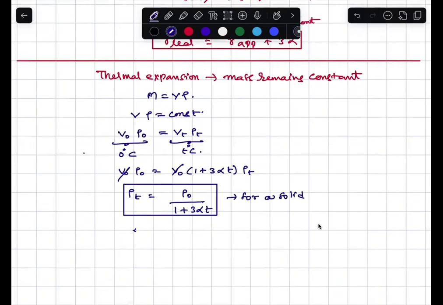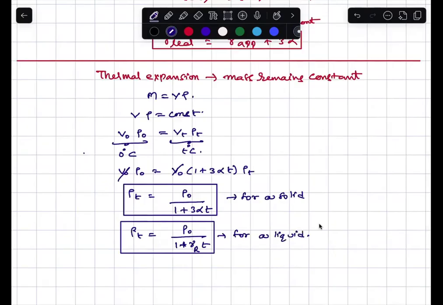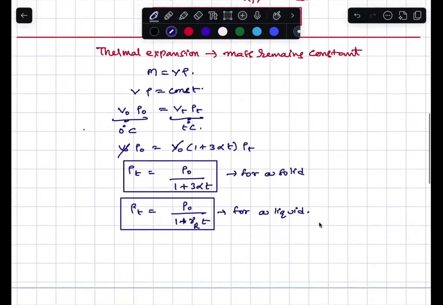If we are applying the same for a liquid, you should be careful in writing this, which is for a liquid. For a solid, you have the condition. For a liquid, you have the condition. Any doubt till this point? Right.